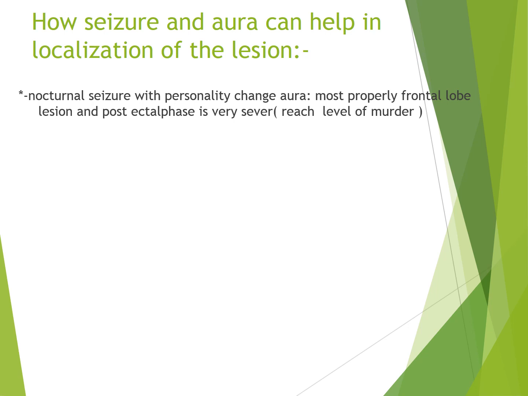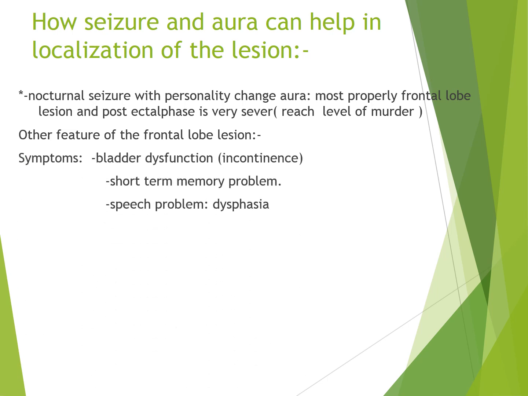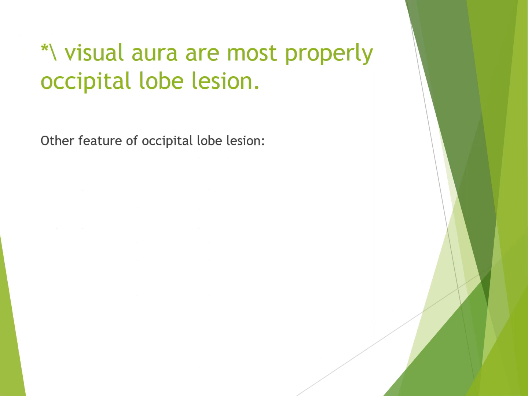You might even kill the patient, or kill another person, when the aura comes. Visual aura is usually in the occipital lobe region.